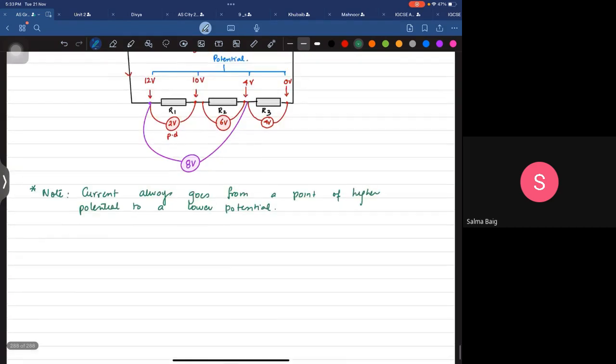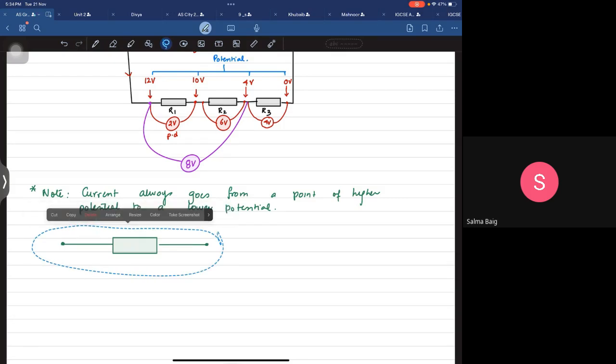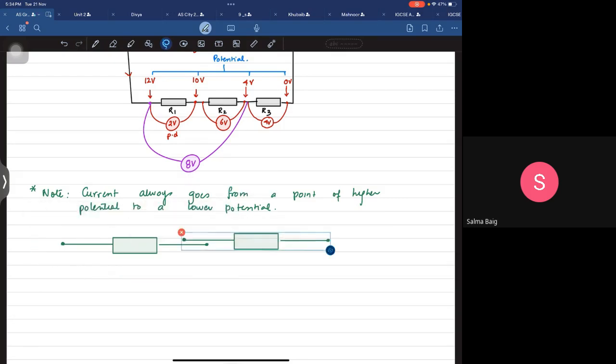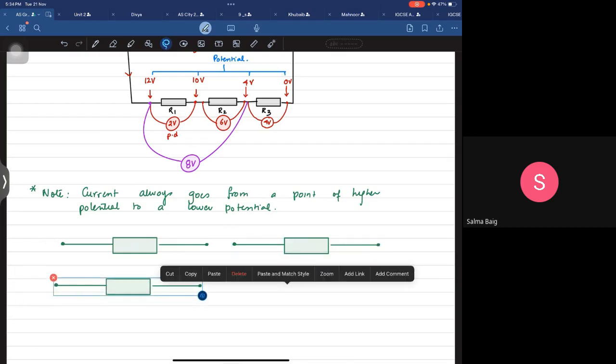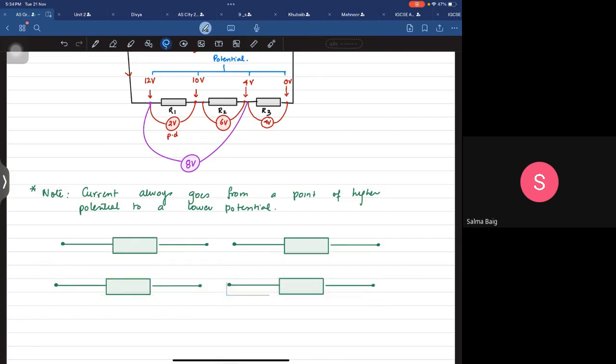For example, suppose you have a resistor. I'll give you 4 examples of this so you do not make a mistake. So let me just copy 4 of these. In these four examples, suppose the potential on one side is plus 500 volts and you have 0 volts on the other.